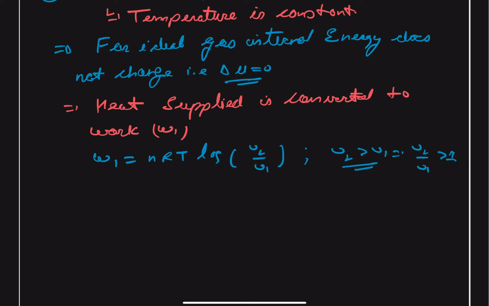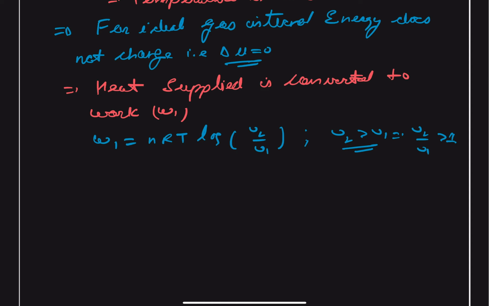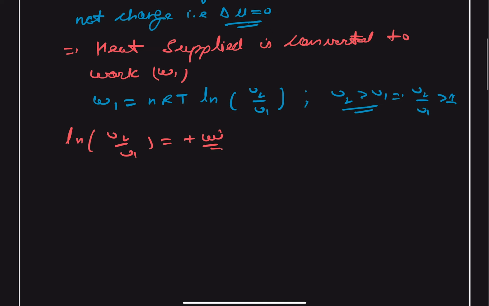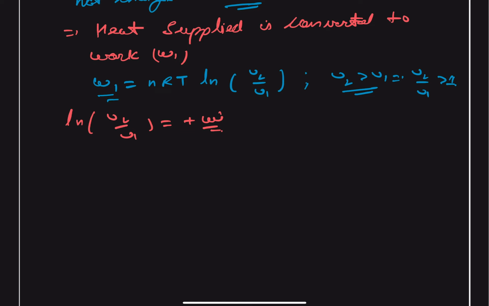I think this should be natural log. So from here we can say the value of this natural log V2 by V1 will be coming as positive. And in this case, the work done W1 is, you can say, moderately high.